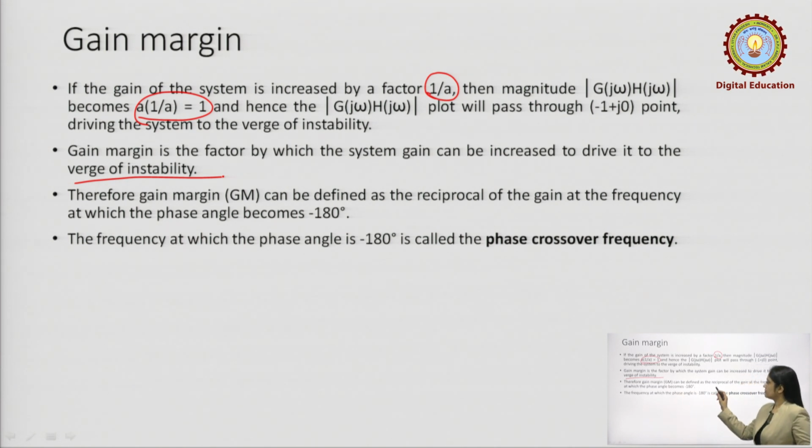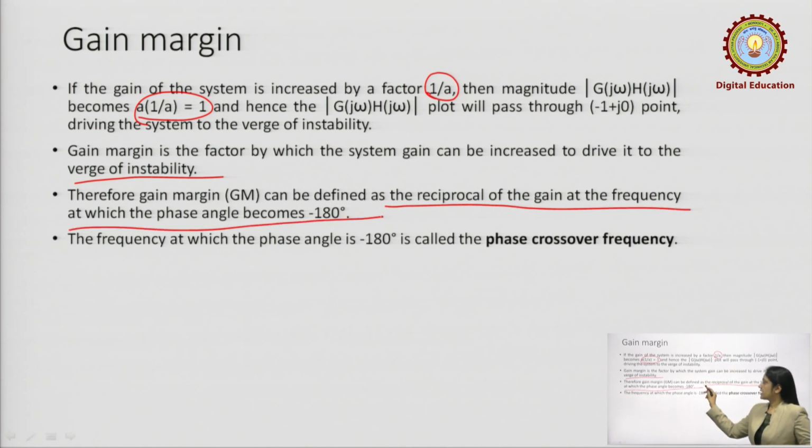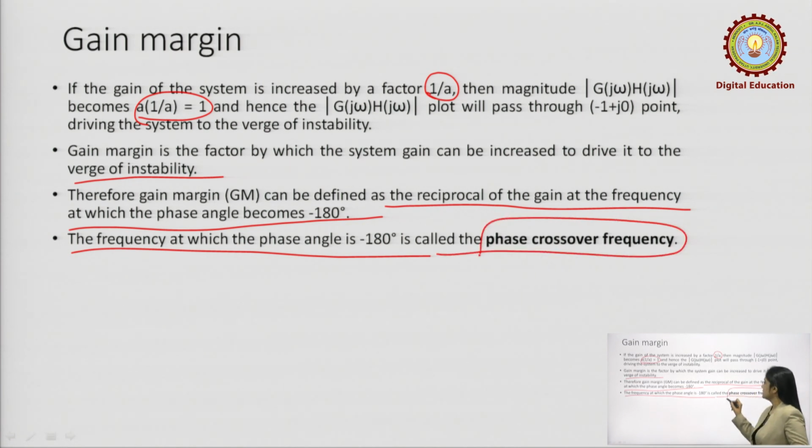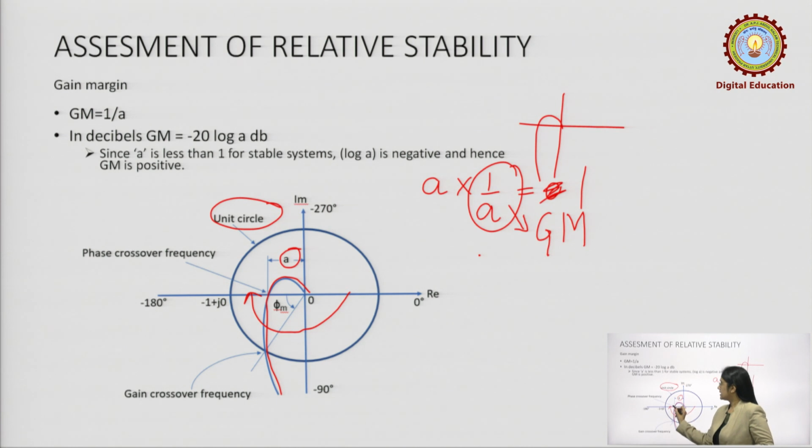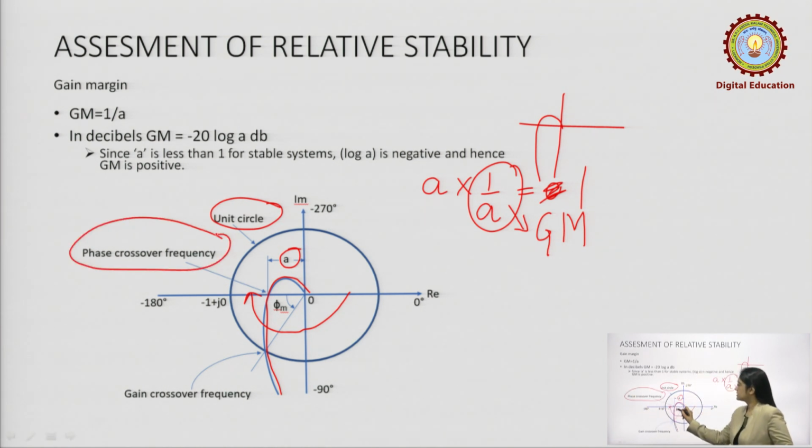The frequency at which the phase angle is minus 180 degrees of G(j omega)H(j omega) is known as the phase crossover frequency.